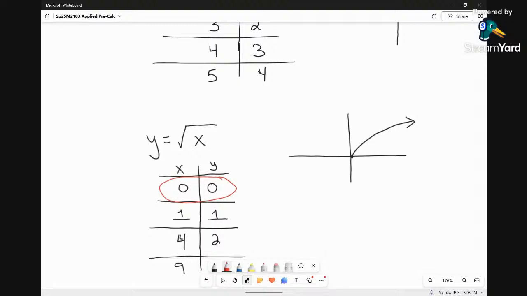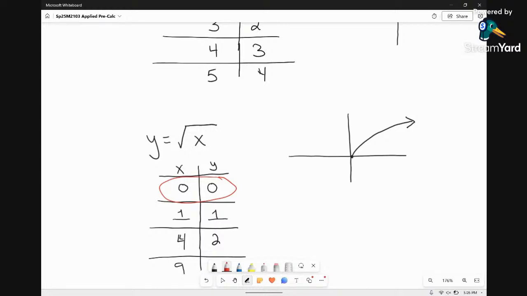So absolute value had that vertex. I said that goes in the middle of your table. Well, when you're transforming a square root, this is going to ultimately become your h and k. That's the point that we're going to start.